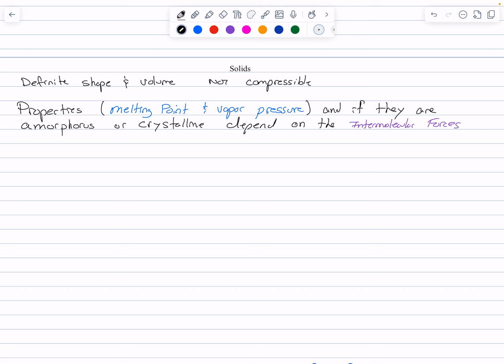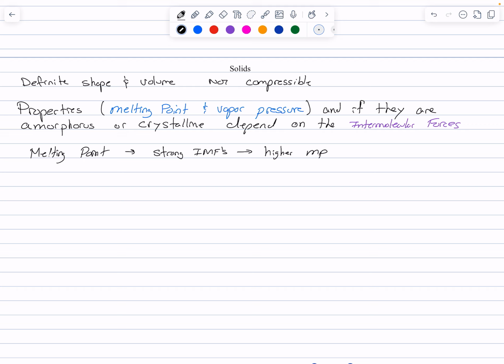So if we look at melting point, all right, if we have strong intermolecular forces, right, that leads us to a large or higher melting point.